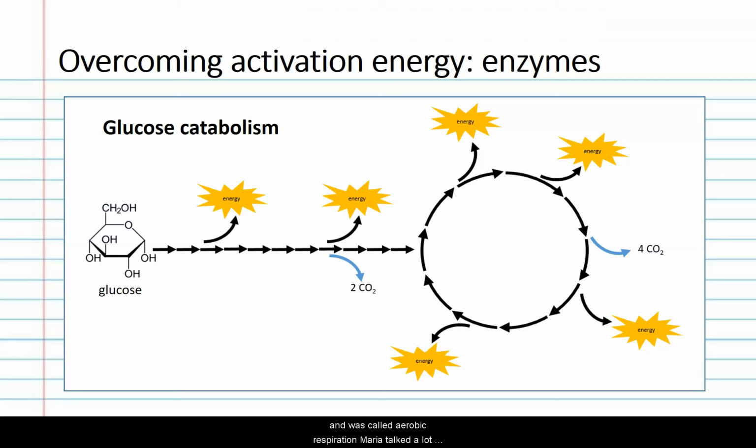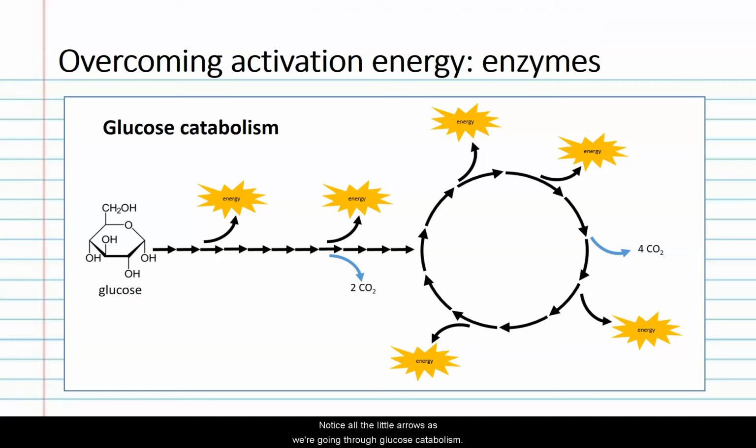We're going to talk a lot about respiration in the next chapter, but what I want you to see here is we're going from glucose to carbon dioxide. Glucose has 6 carbons, and we're going to take those 6 carbons and convert them to carbon dioxide in this process.